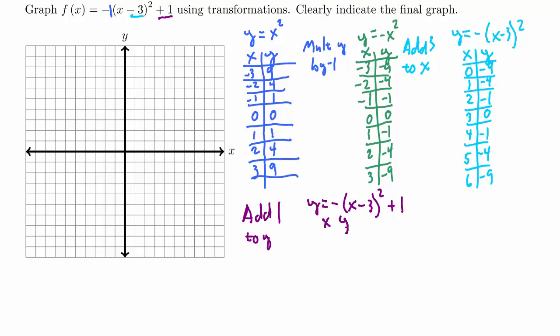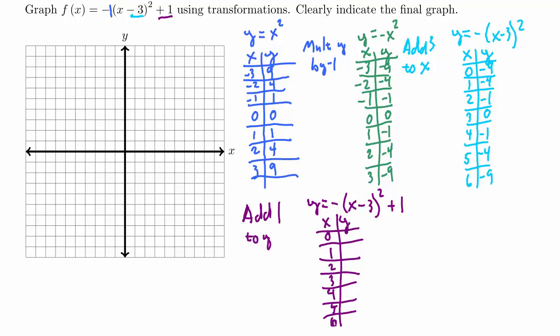And this gives me a new table. And because I'm doing this to the y values, my x values will all stay the same here. Therefore, it's all still 0, 1, 2, 3, 4, 5, and 6.